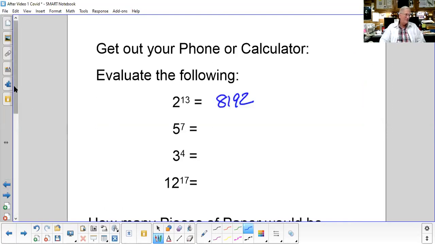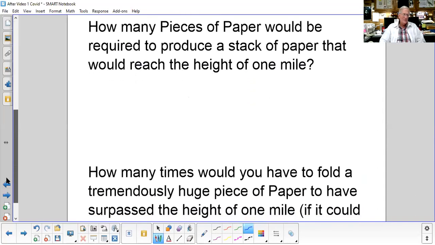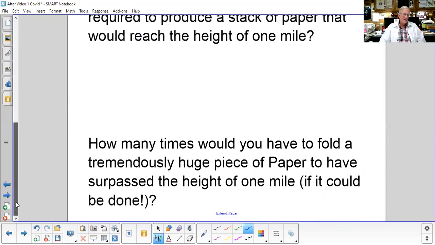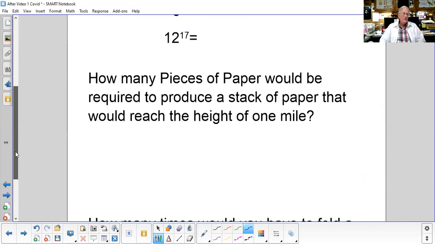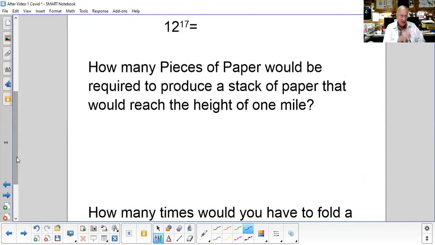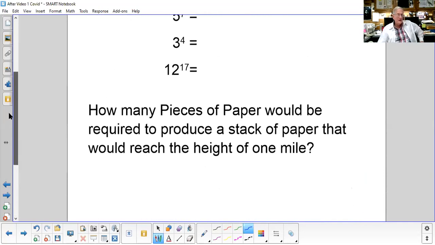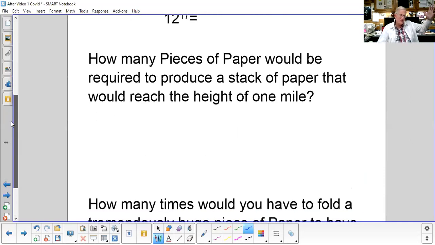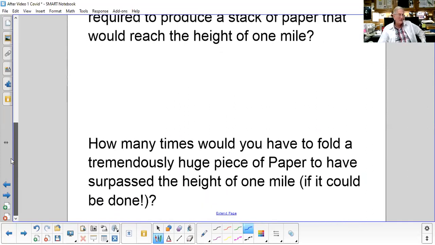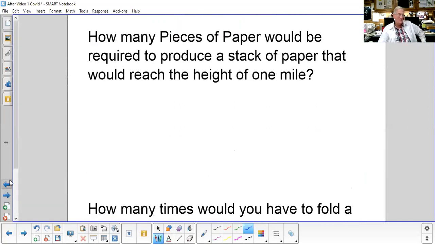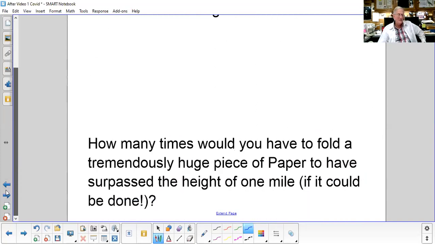Now, first, I forgot a question. How many pieces of paper would be required to produce a stack of paper that's a mile high? Oh, it's the same question, right? Okay, the second part is asking the same thing. Okay, sorry about that.